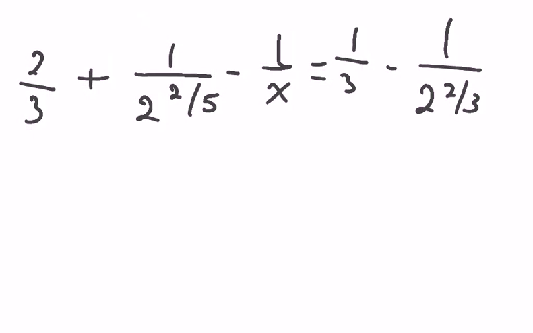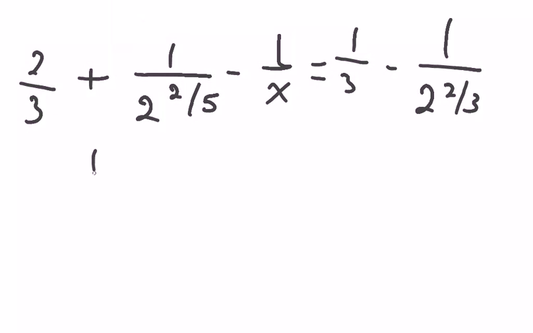We can always change mixed numbers back into an improper fraction. So we take the whole number 2, multiply it by the denominator of the fraction part, 5, and then add the numerator. So this would be 2 times 5 is 10, plus 2 is 12/5.